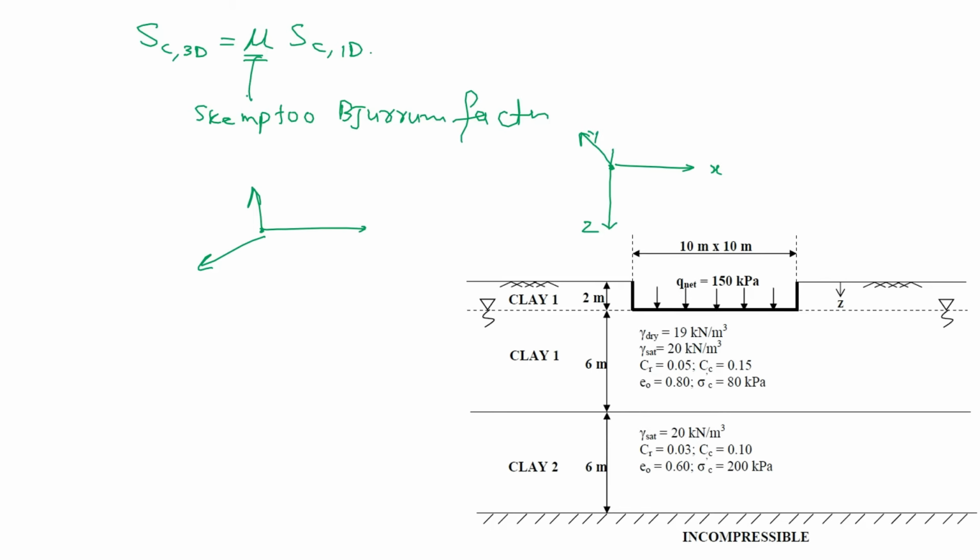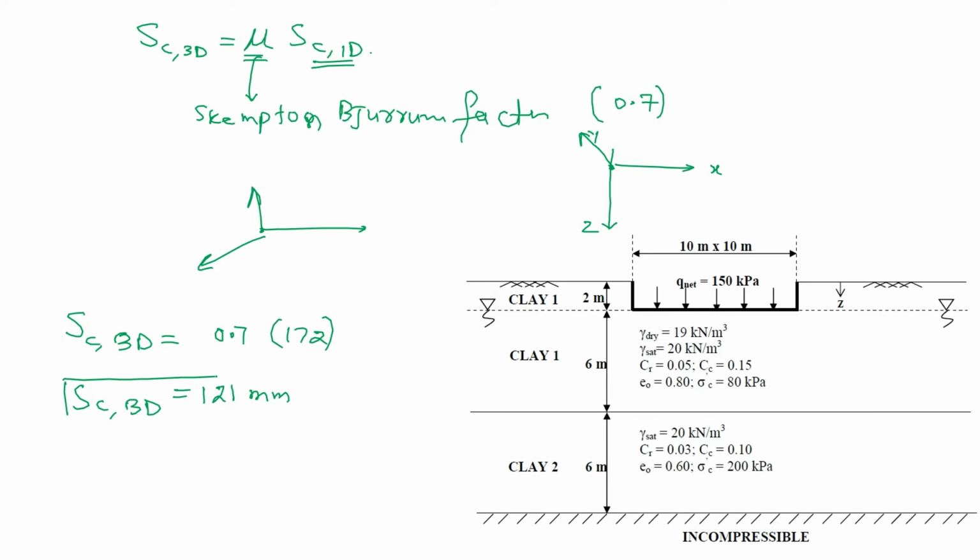So this mu is known as the Skempton-Bjerrum factor. Normally this factor is taken as 0.7. To convert this 1D consolidation settlement into 3D consolidation settlement, we will multiply the 1D settlement with this 0.7. So it will be nearly equal to 121 millimeters. So in three dimensions, in all the directions, the settlement will be 121 millimeters.